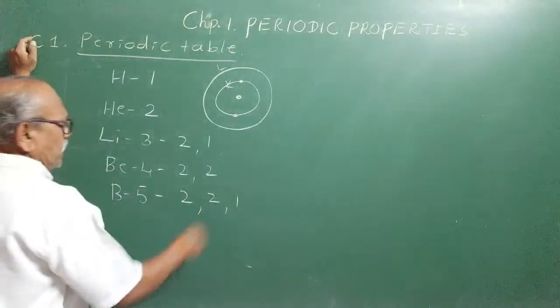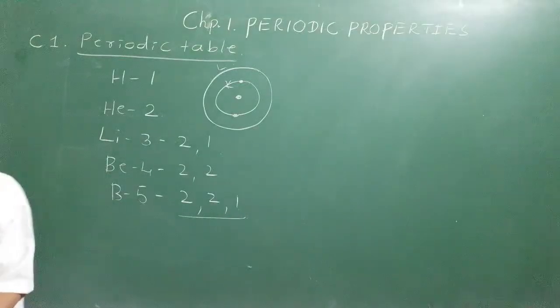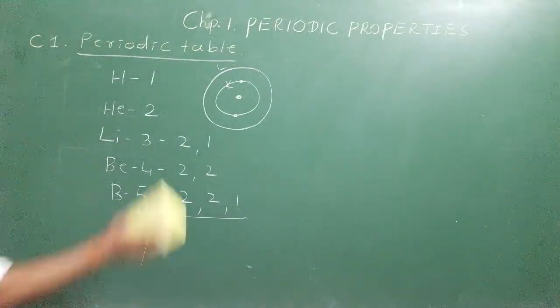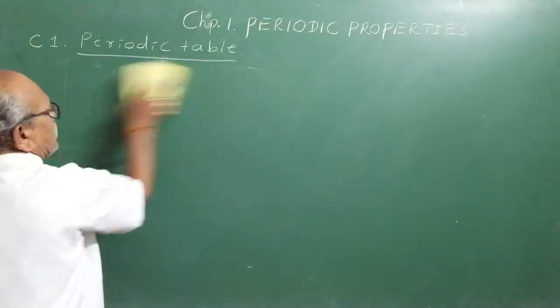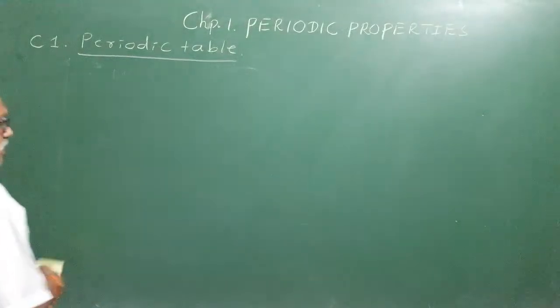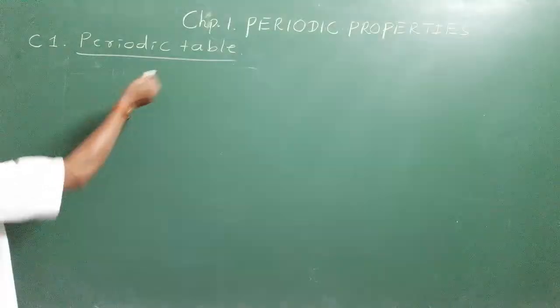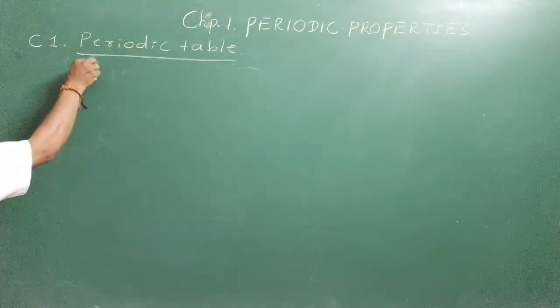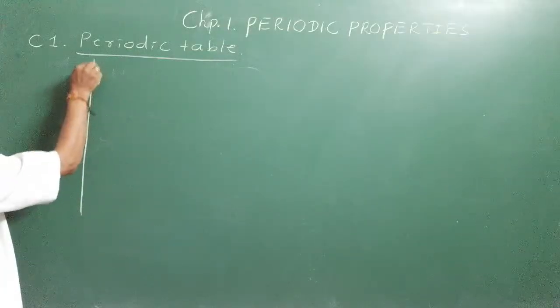What is electronic configuration? It is the distribution of electrons in different shells and subshells. The modern periodic table is based on this distribution of electrons.